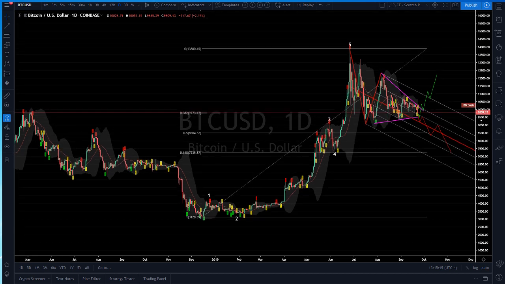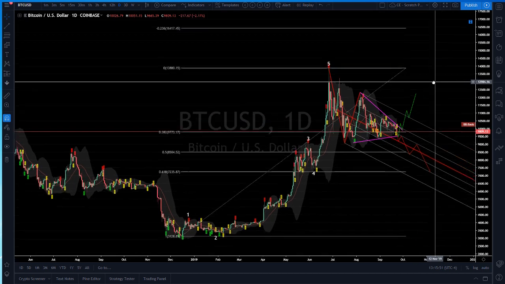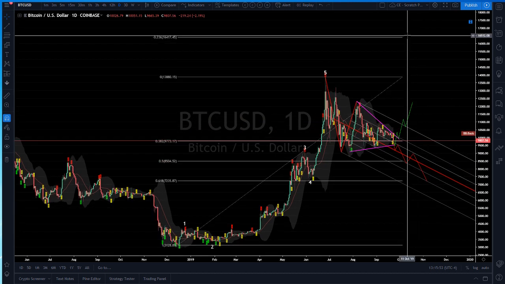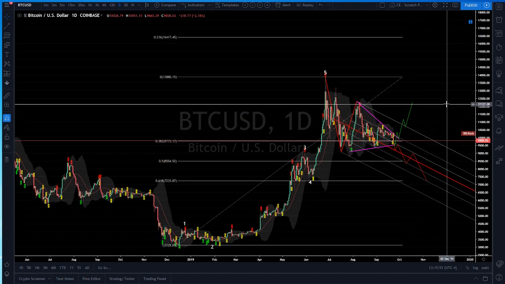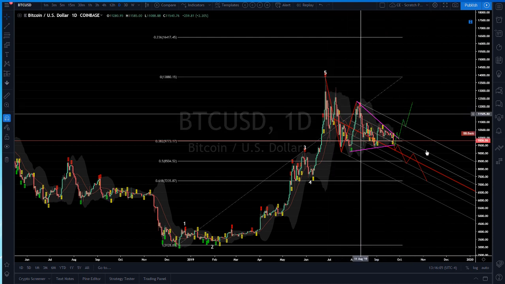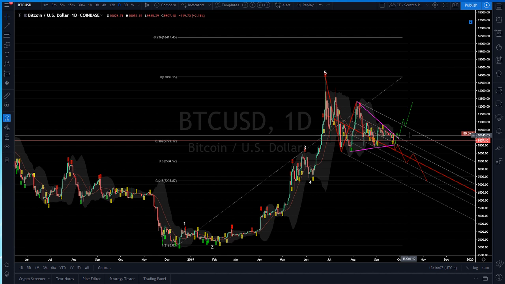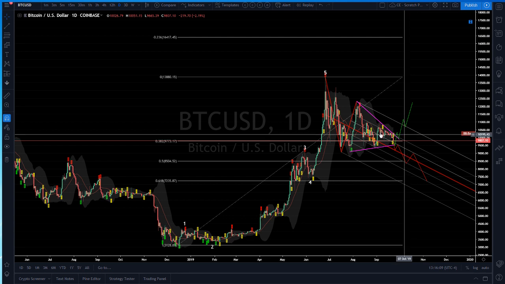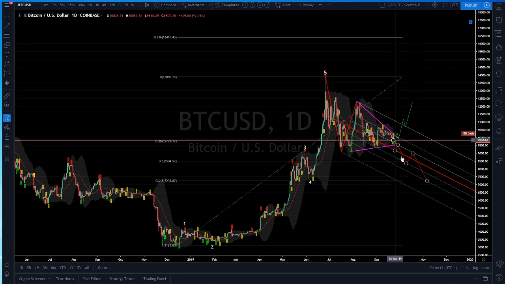My first target for my bullish scenario is going to eventually be at about 16,400 or so. That may seem like a far fetch, but I do think if we are able to break out of this, then we're going to be looking for a much higher target.